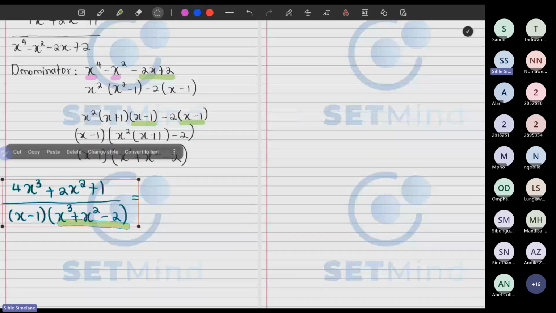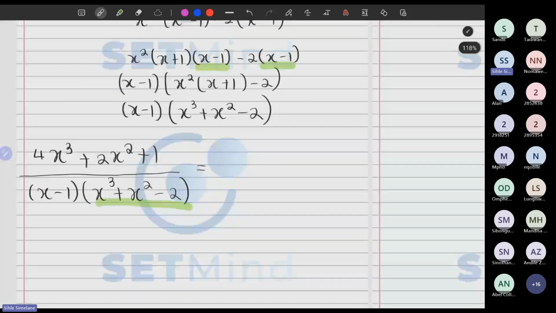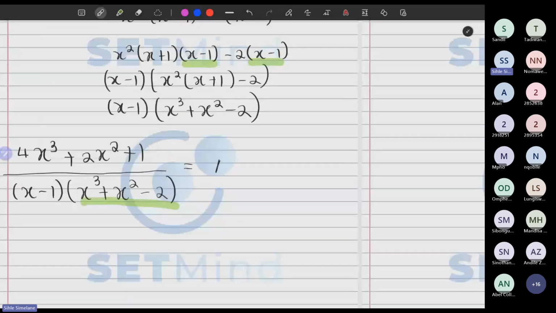So what we will do is, since we now have two brackets, I will have A divided by x minus 1, that's one of the denominators, plus I will have bx squared plus cx plus d over x cubed plus x squared minus 2.